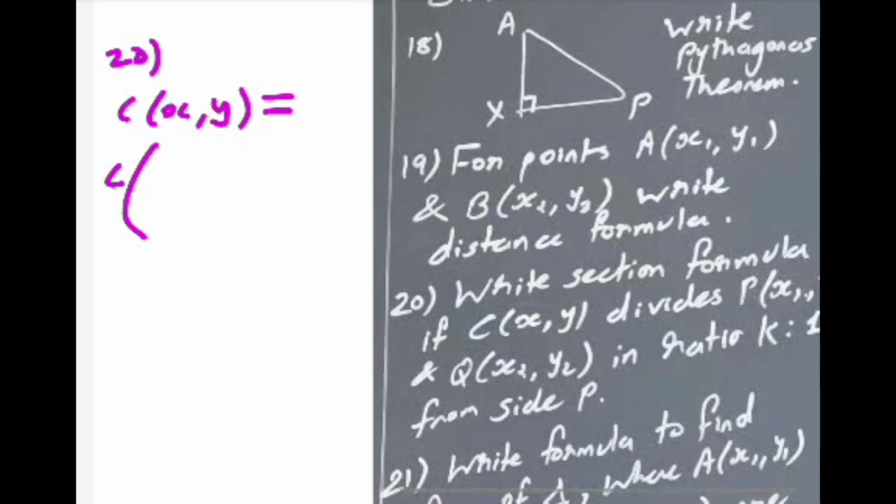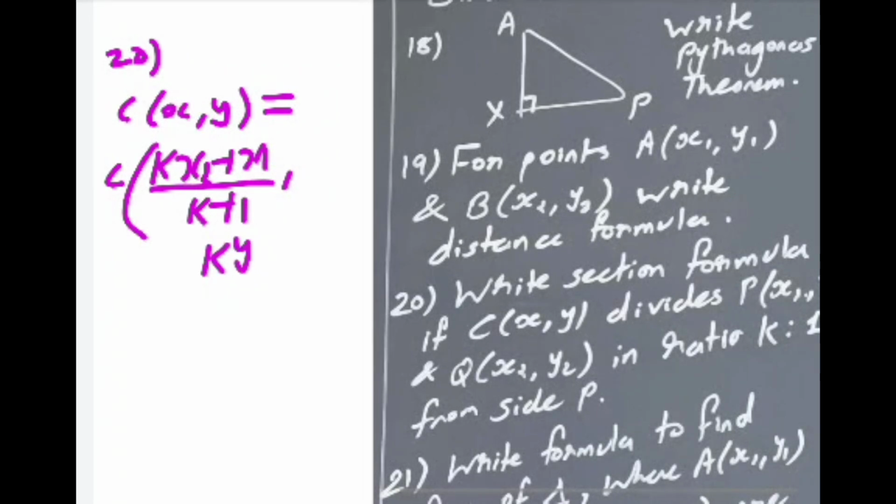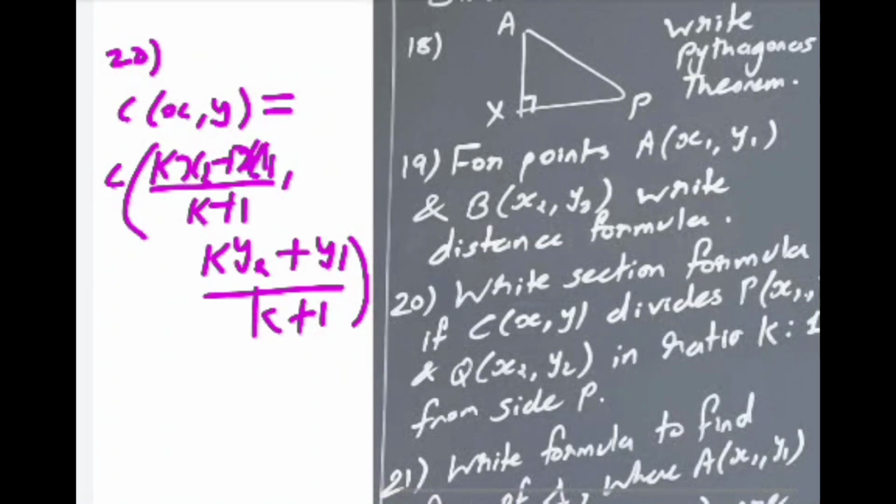Okay, so it will be kx2 plus x1 upon k plus 1, comma ky2 plus y1 upon k plus 1. In the term in which the ratio is given, write the formula accordingly. Okay, this is x1. So kx2 plus x1 upon k plus 1, ky2 plus y1 upon k plus 1.